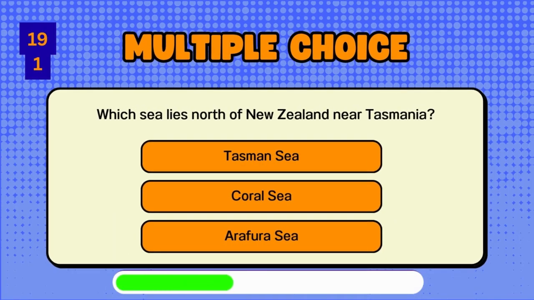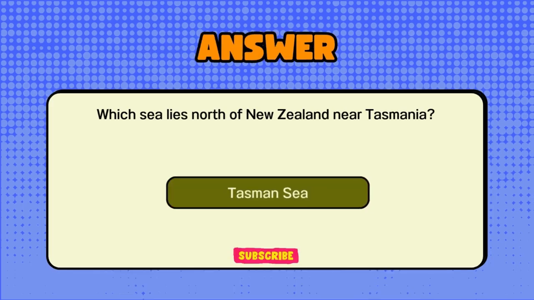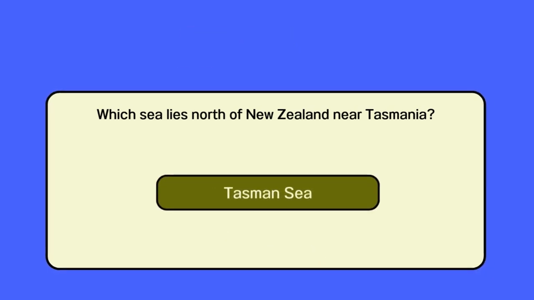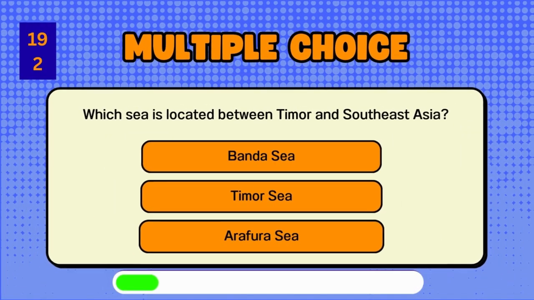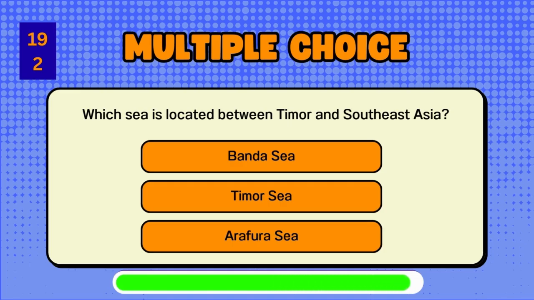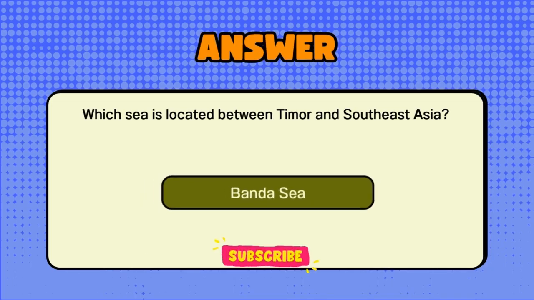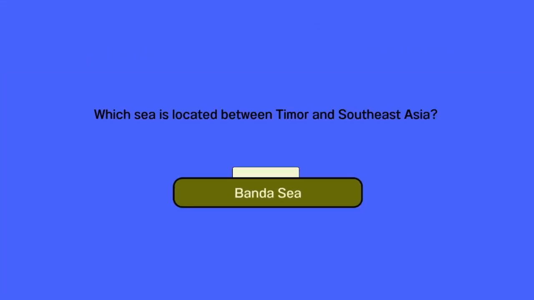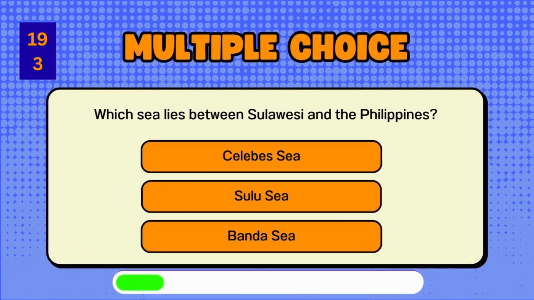Which sea lies north of New Zealand near Tasmania? Which sea is located between Timor and Southeast Asia? Which sea lies between Sulawesi and the Philippines?